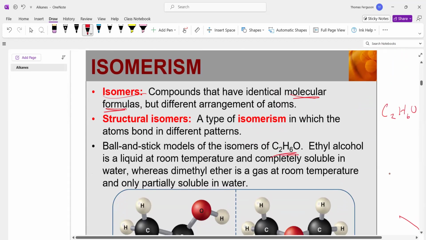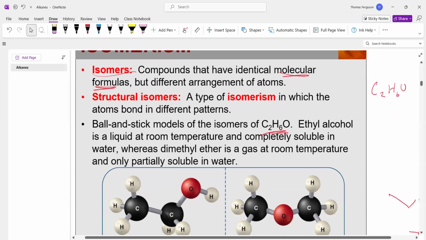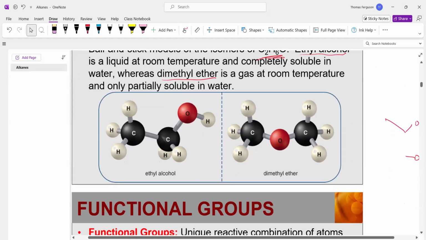In your dry lab 0, that's one of the compounds that you need to do a Lewis dot structure for, and I did it in lecture on Monday. So basically it can be either an alcohol or an ether. Same formula. So those would be isomers of one another.